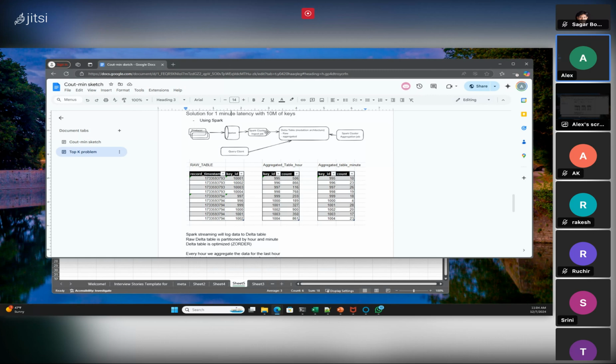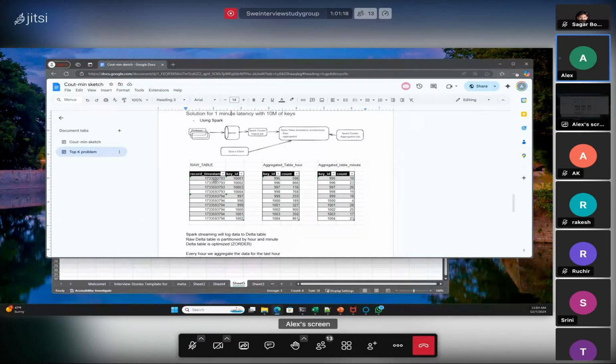It's up to the Delta table to deal with the partitioning. Delta table is a format provided by Databricks, and is open source as well. It will handle the partitioning by hour and by minute, so that will create this raw table that is now partitioned, and this has the stream of events. That's the conversation we had before.